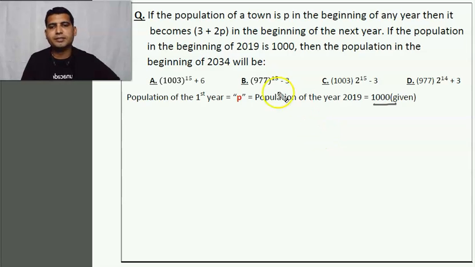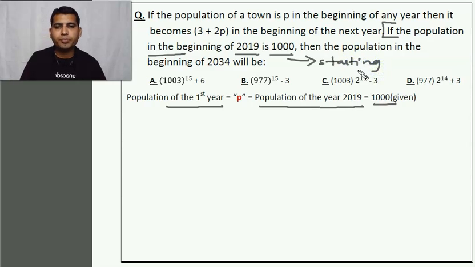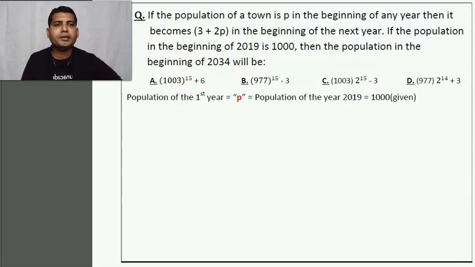Now the question arises, why am I taking the population of the first year as the population of year 2019? Because in the question it says if the population in the beginning of 2019 is 1000, that means this is our starting point, the year where we have to start counting, and then we have to give the population of the beginning of year 2034. So our first year is 2019.